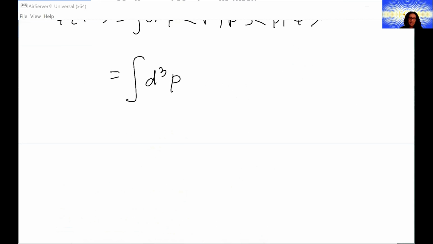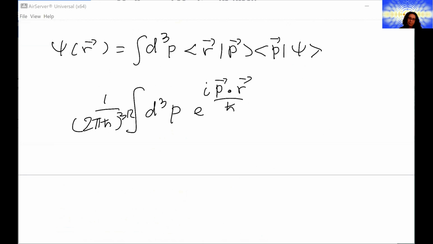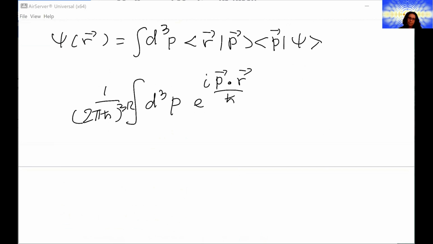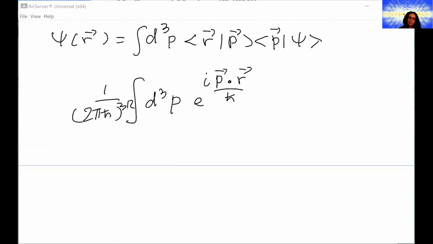So what I'm going to do is put here 1 over (2 pi h bar) to the 3 halves, e to the i p scalar r divided by h bar. And this here is psi P. So this is psi in the P representation.